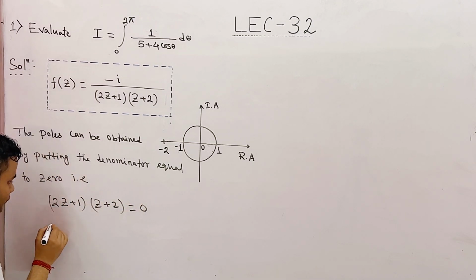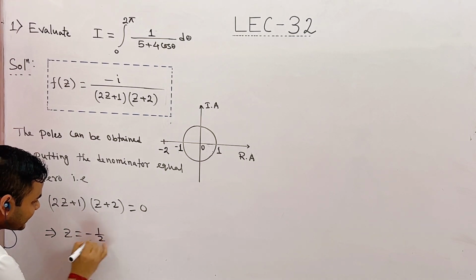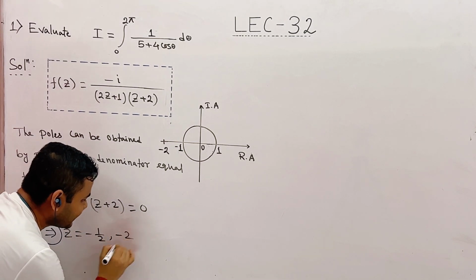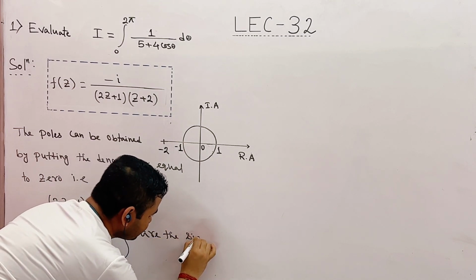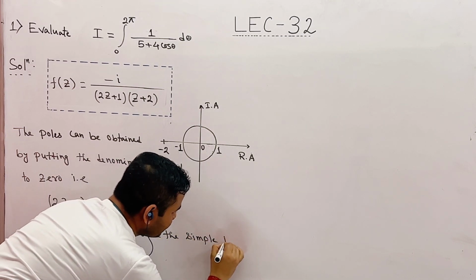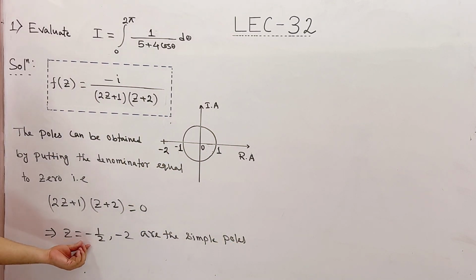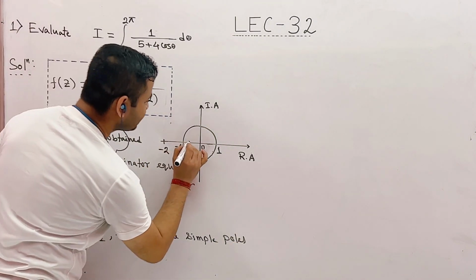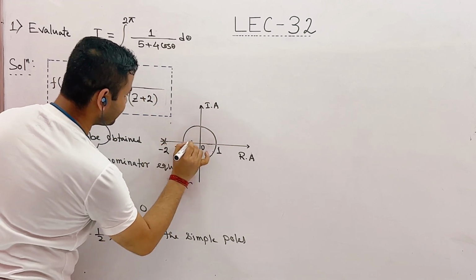So, from this we have seen that z equal to minus half and z equal to minus 2 are the simple poles, and the location of these poles are at this point and at this point.